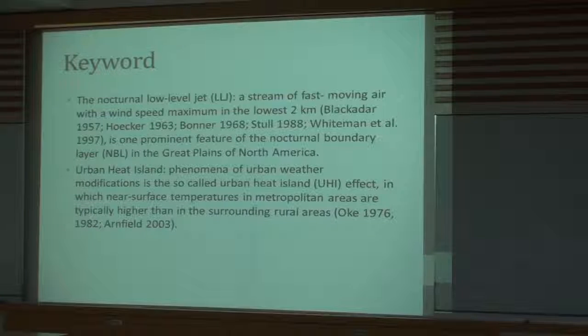The second keyword is the urban heat island. It's a phenomenon of urban weather modification, the so-called urban heat island effect, in which near-surface temperatures in the metropolitan areas are typically higher than surrounding rural areas.